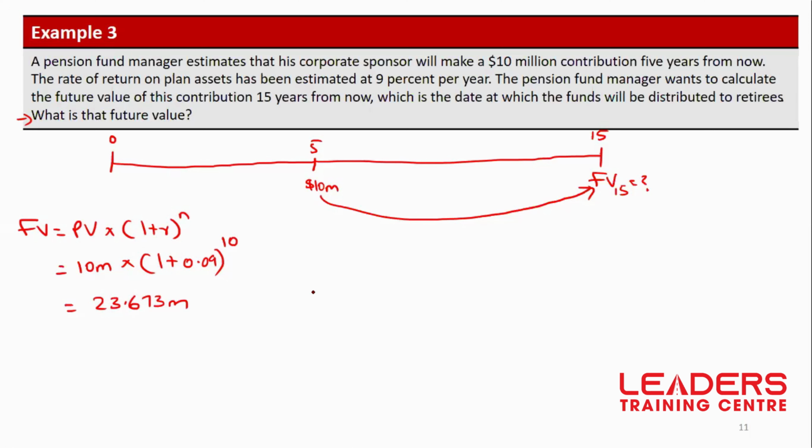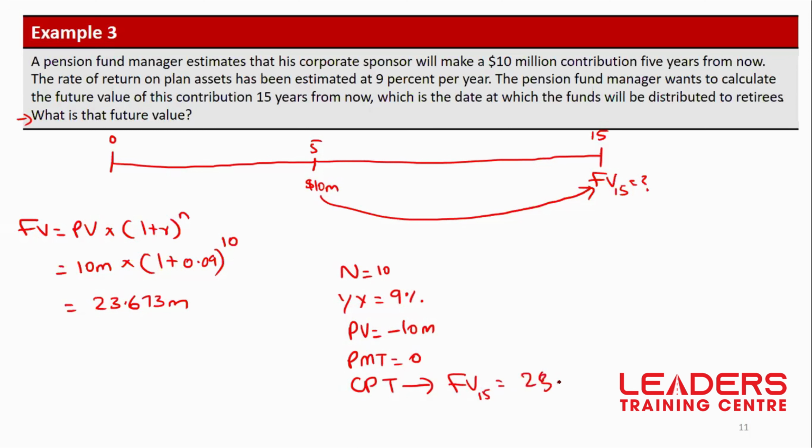If you're doing it using the calculator, n would be 10, interest rate would be 9%. The present value, make sure it's minus 10 million, never forget the minus sign. The payment, which we'll be discussing later, is 0, and you just compute future value, which should give you 23.673 million.